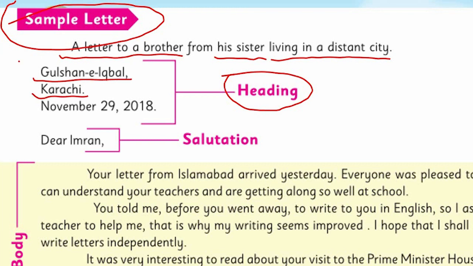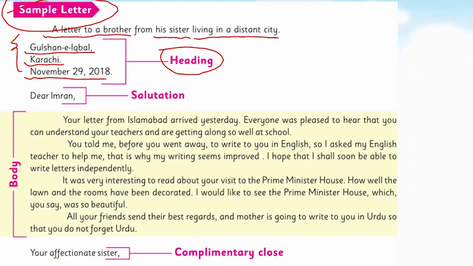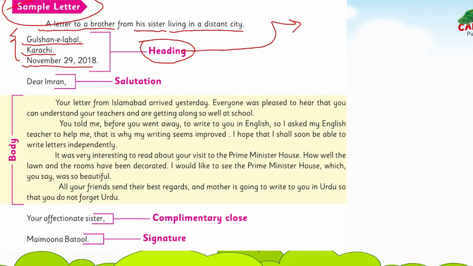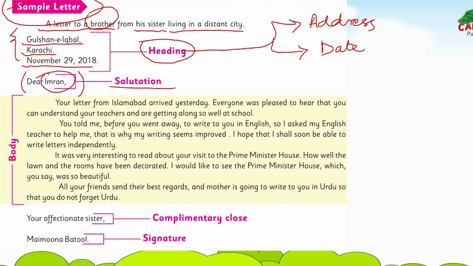Here is the address, and then the date, November 29, 2018. So the heading comprises number 1, the address, and number 2, the date. Then, as the letter is to a brother, the salutation is dear Imran. Imran is the name of his brother.